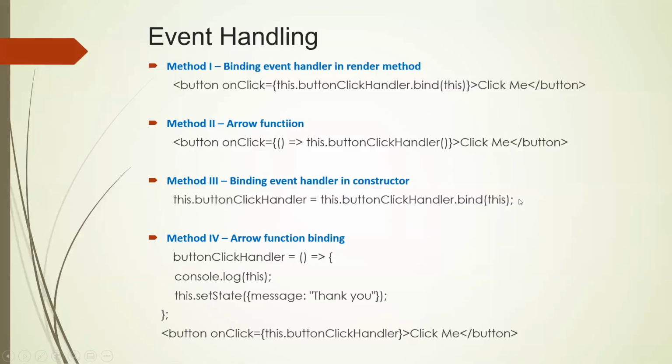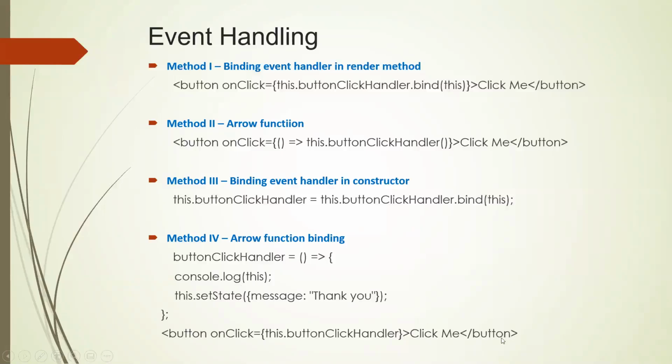This is the preferable one, where we are binding the event handler to a property or attribute as part of the constructor. Or defining an arrow function and assigning it to a name as part of the class, and mapping it to this event handler.